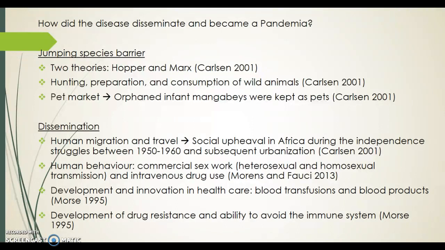There's also the presence of the pet market. Orphan infant mangabey babies were kept as pets. And in relation to the dissemination, well, human migration and travel took place.